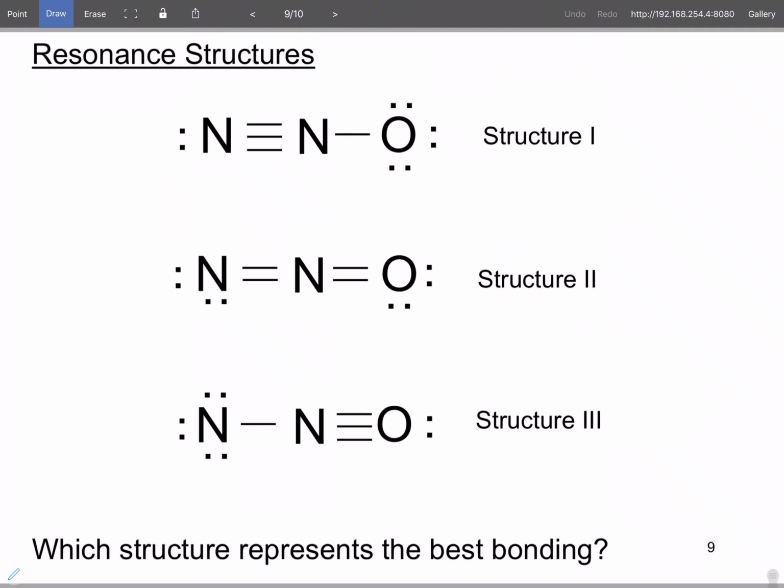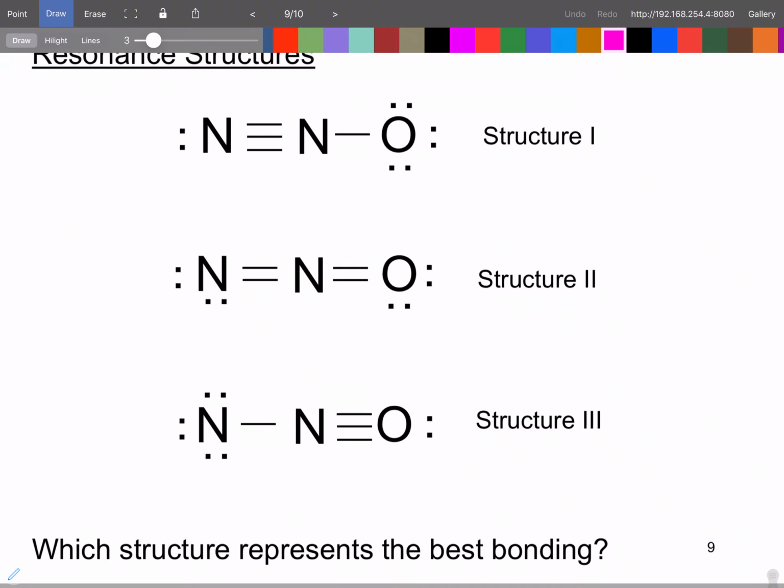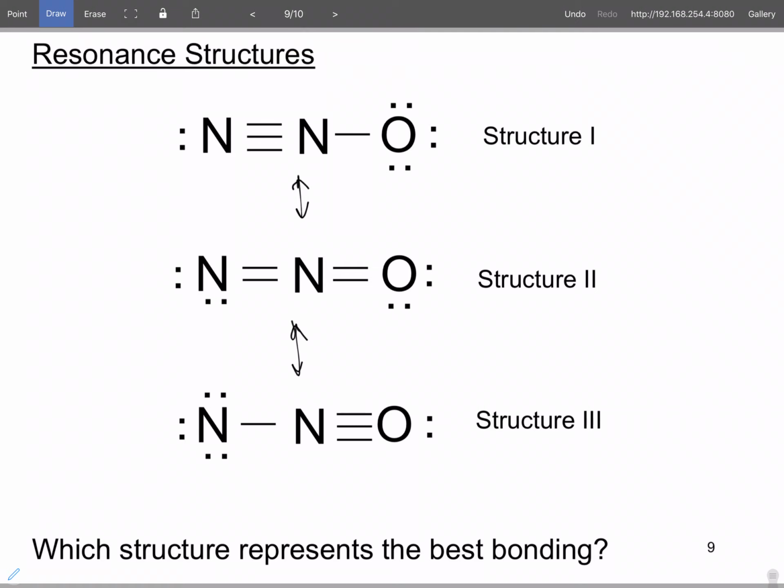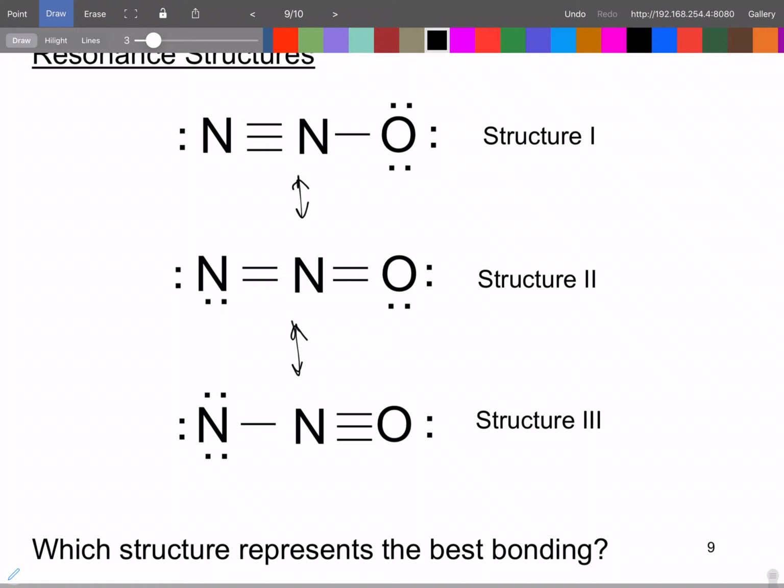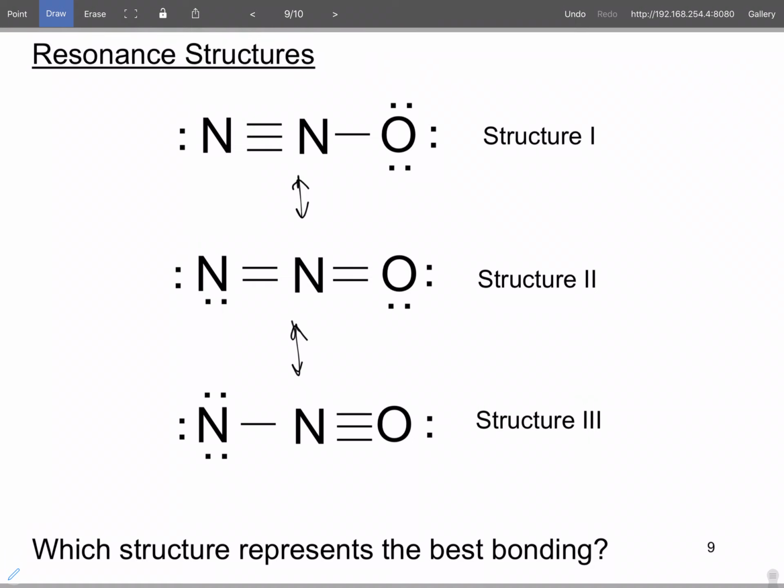Okay, so here are 3 resonance structures, and we can make sure that we see them as resonance structures by drawing this arrow. And the question is, which structure represents the best bonding? So the first thing we're going to do is calculate the formal charges.